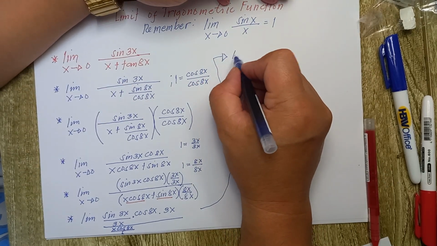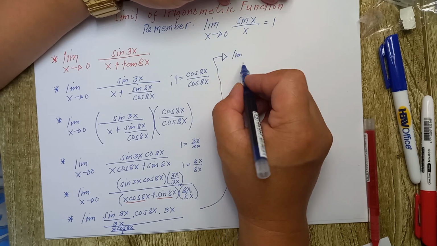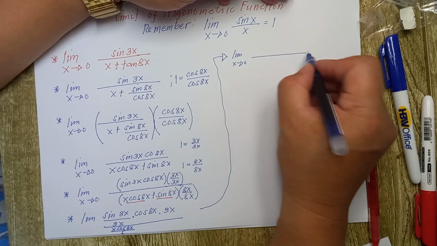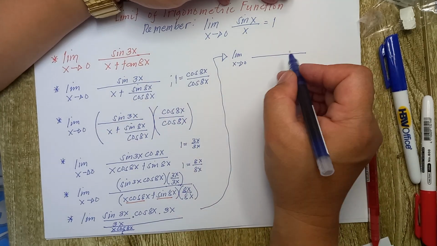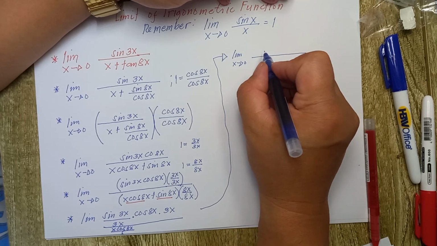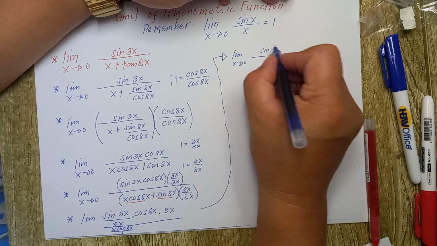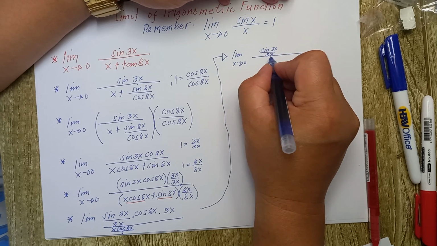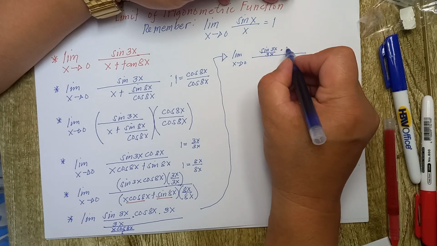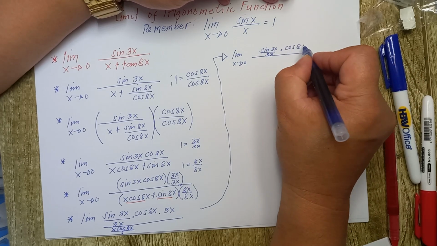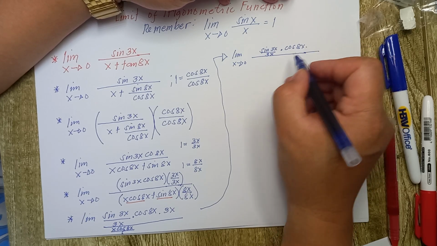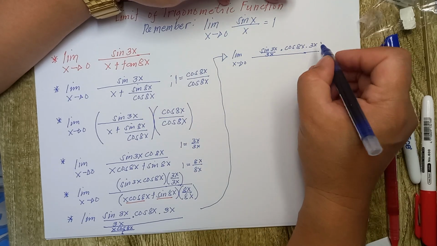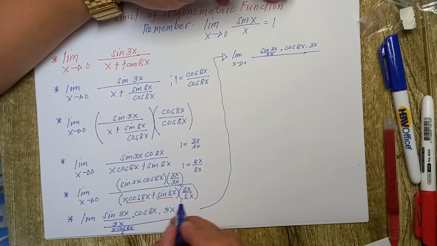So we have the limit as x is approaching 0. So this one is the same as sine 3x over 3x, then times cosine 8x times the remaining multiplier 3x. So what about the denominator in here? We can multiply that one.